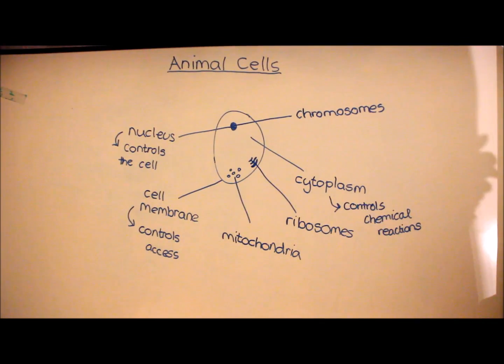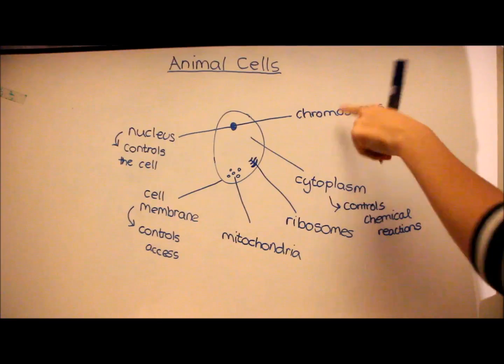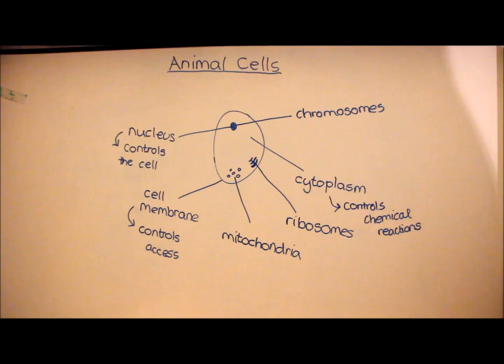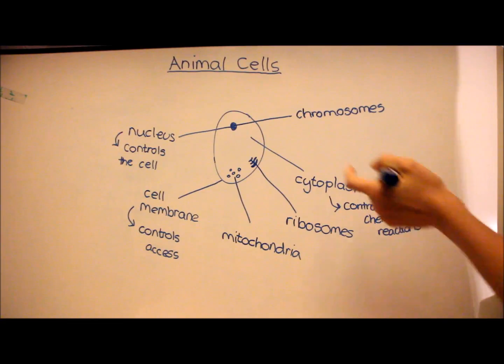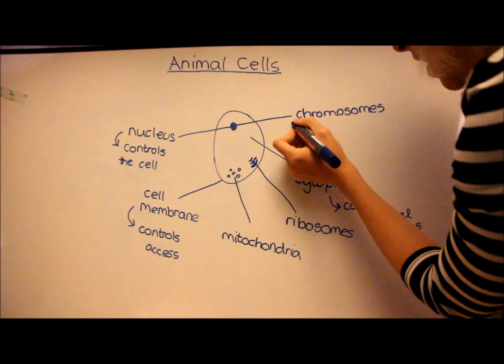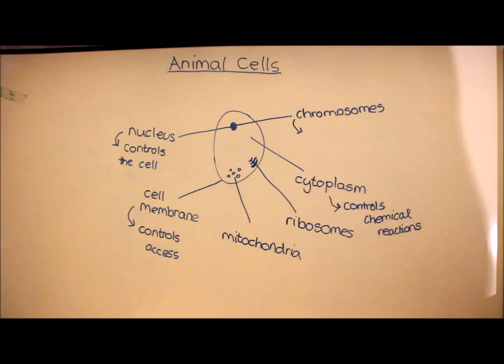Now we're on to the new ones. Chromosomes. You might remember doing about reproduction in Key Stage 3. You might have already covered it at Key Stage 4. It depends when you do this compared to when you did that. You can pause this if you want to have a think about the answer. Can you remember how many pairs of chromosomes there are in a normal animal cell?